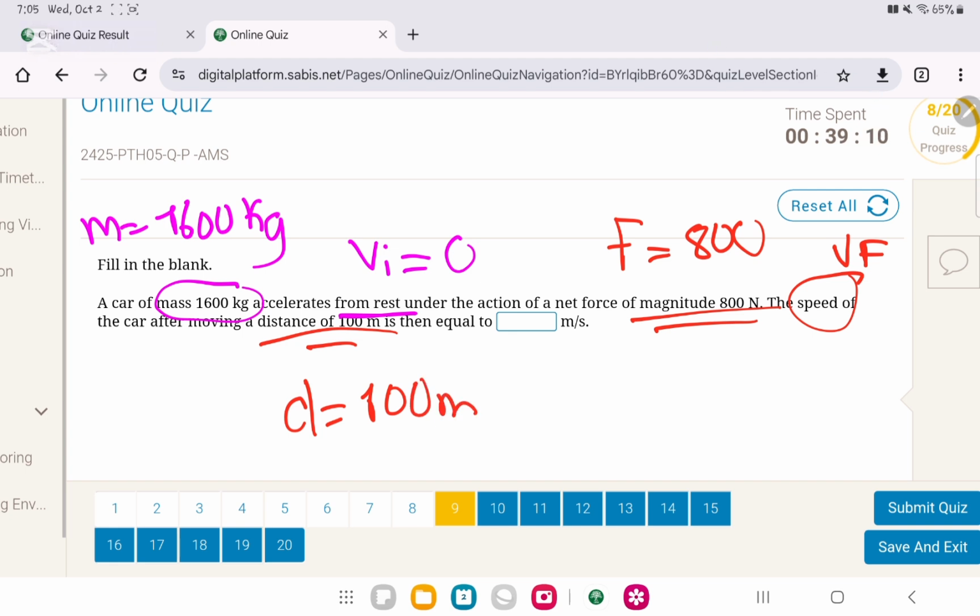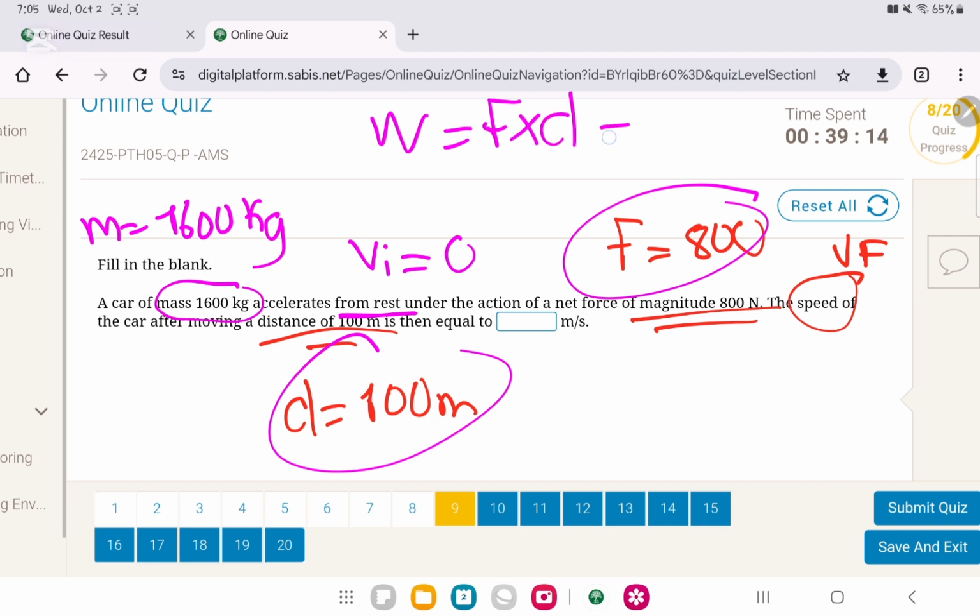What can we do? We have force and distance, so W is equal to force times distance, which is 800 times 100, equal to 80,000. Now we have the work, which is 80,000.